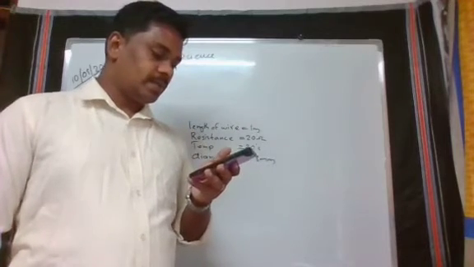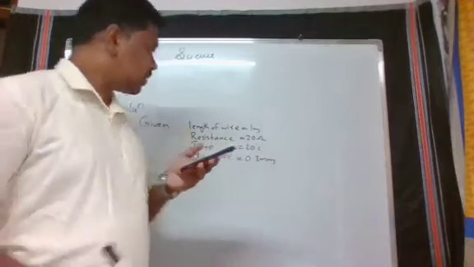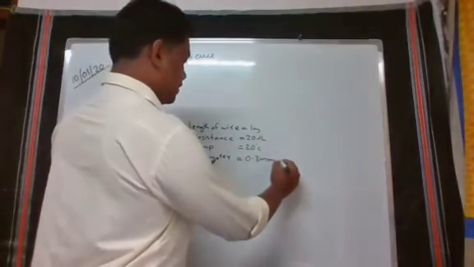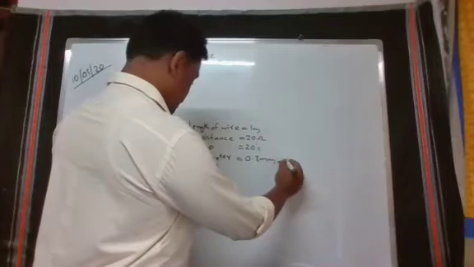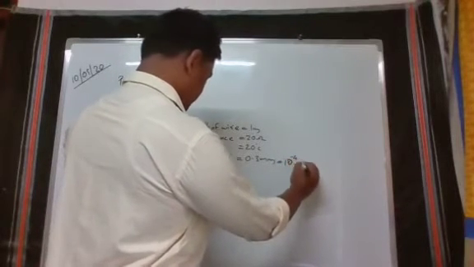Okay, this 0.3 mm is equal to 10 raised to minus 4 meter.